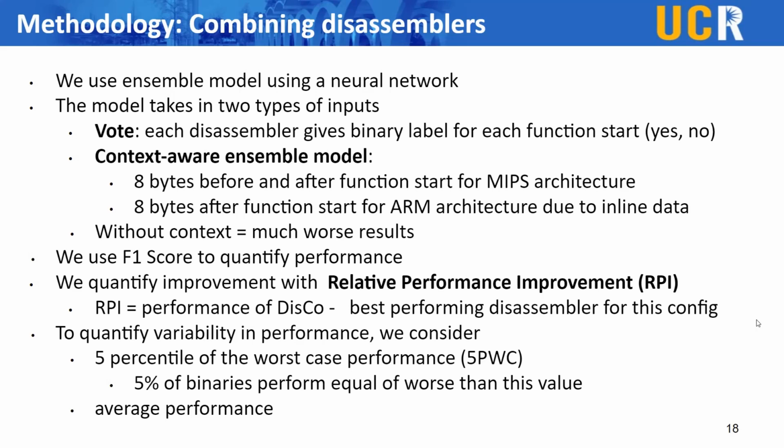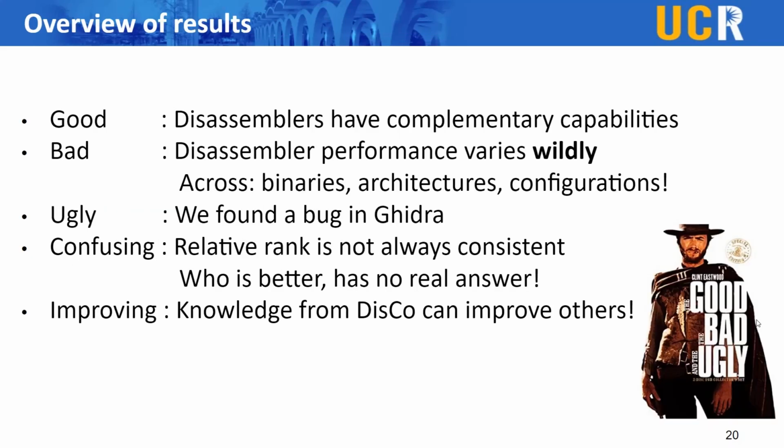To quantify the variability in performance during the evaluation, we are considering 5 PWC, which is the 5th percentile of worst case performance. This value represents that 5% of the binaries for that configuration perform equal to or worse than this value, in addition to considering the average performance.